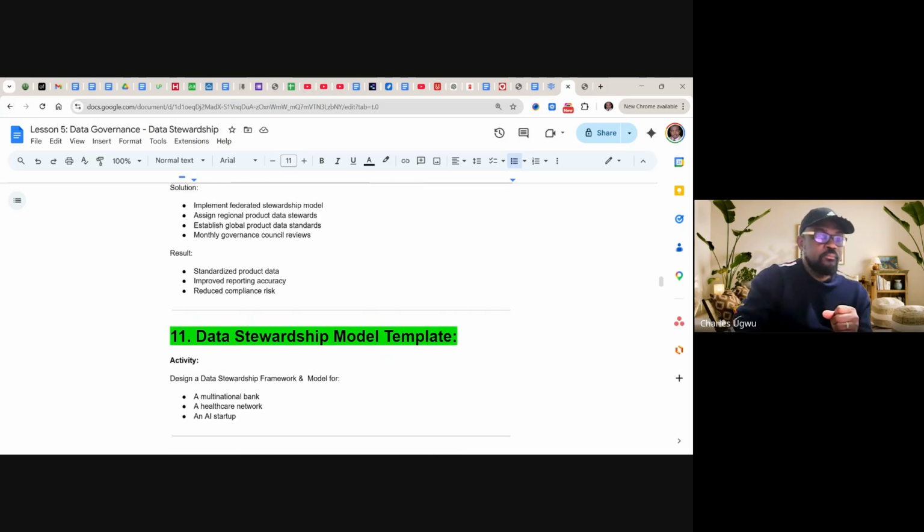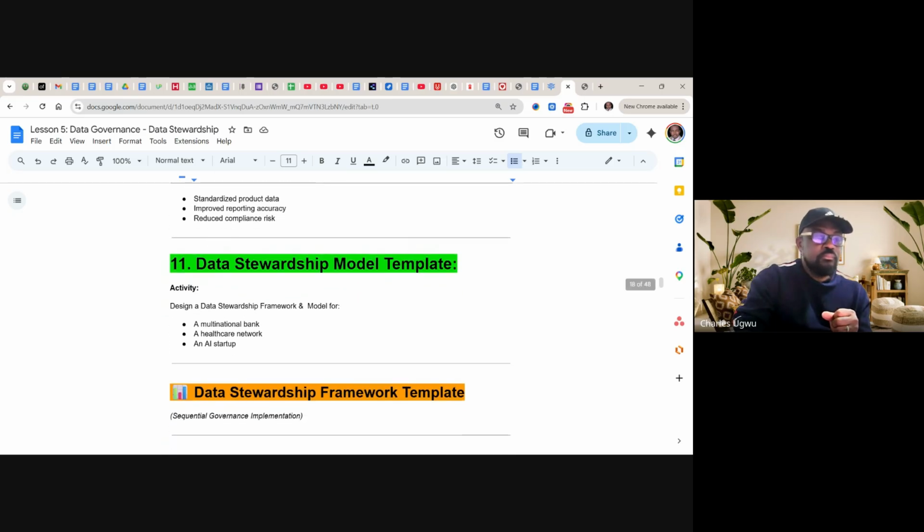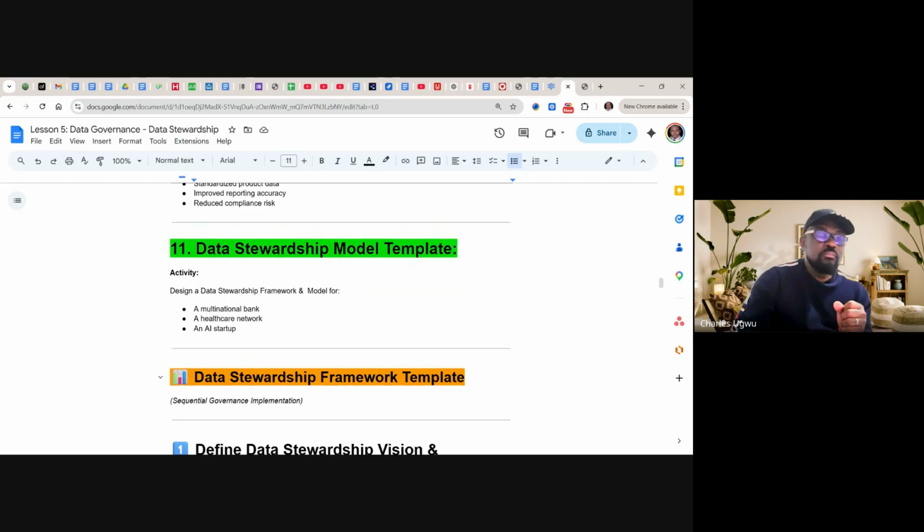So, data stewardship model. Now, we've seen the stewardship framework.